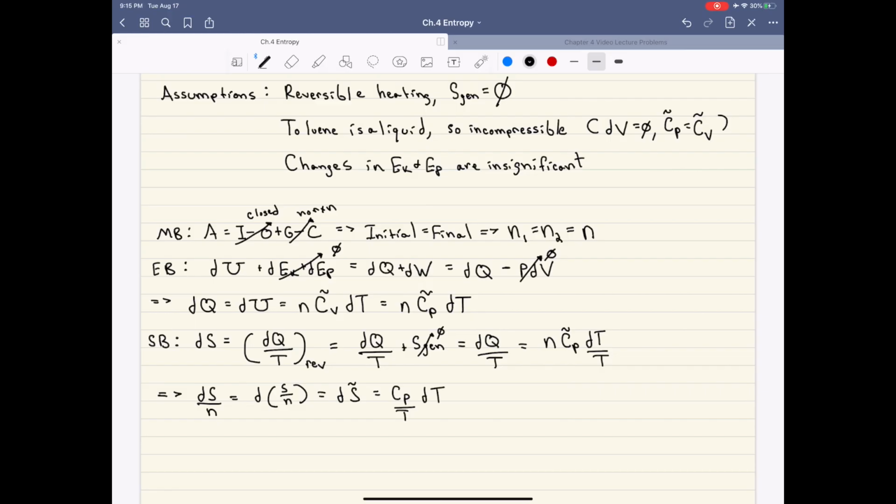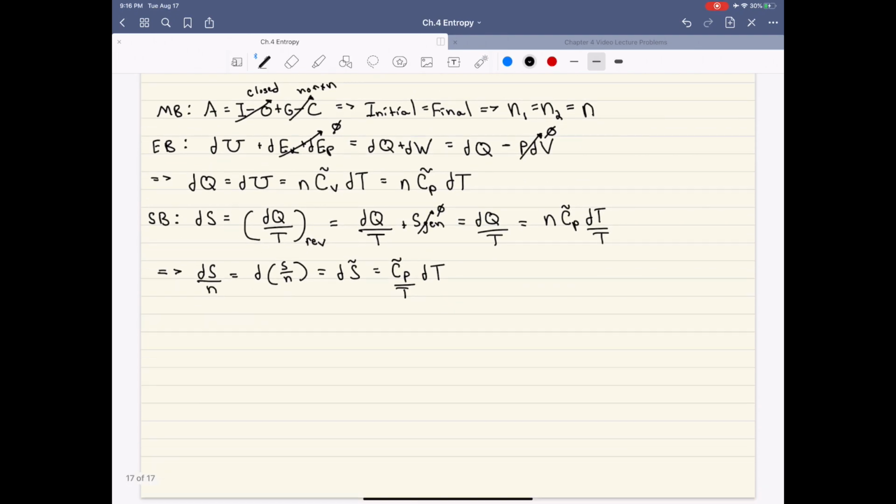And so now we have a differential equation that's separable. And so at this point, in order to get the delta S, all we need to do is integrate the right-hand side. But the form of our integral is going to depend on what the functional form of Cp is.